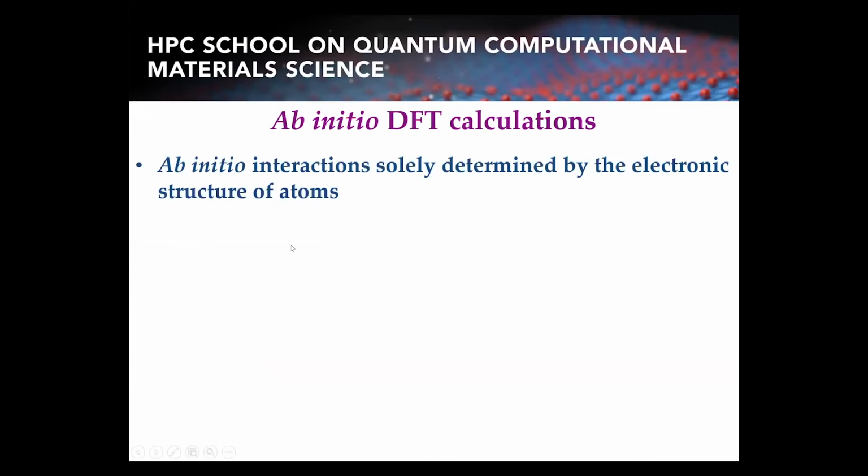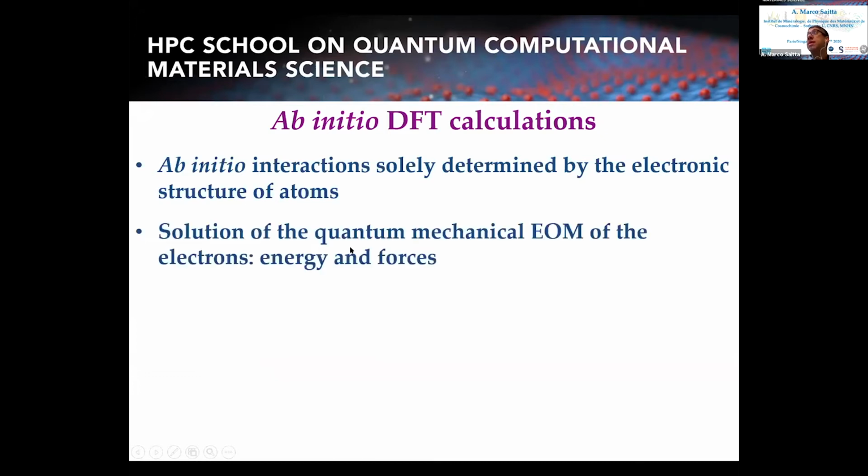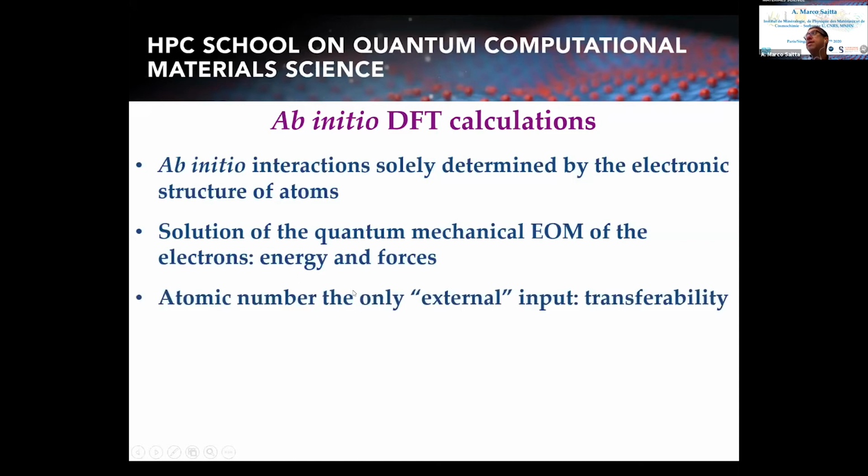So the principle of ab initio calculation is that the interactions among atoms are only determined by the electronic structure of atoms. That is, we need to go through the solution of the quantum mechanical equation of motion for the electrons, which gives us all the quantum energy and forces. In this sense, the only input we need to do an ab initio calculation is the atomic number.